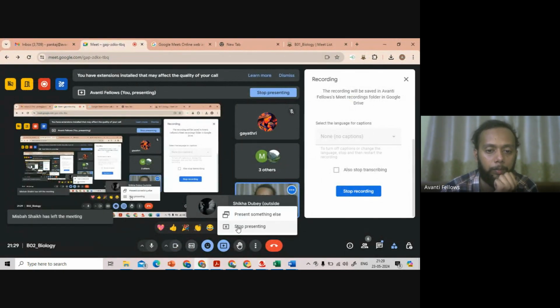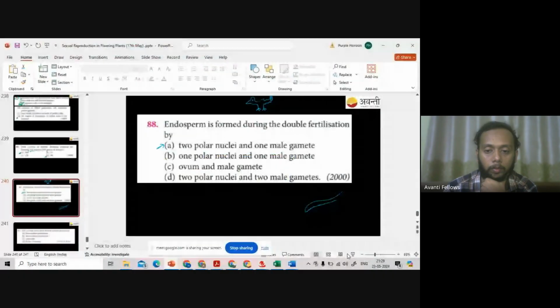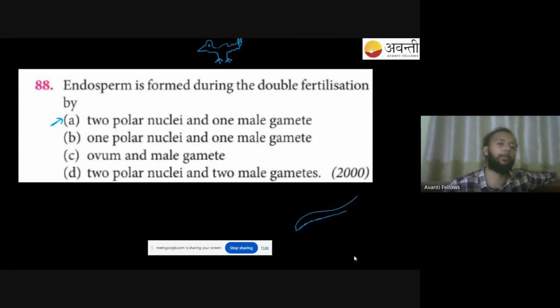Just wait a minute. All right, wait, we share the screen again. Shikha, can you see the screen now? No, sir. Still not visible? Then there should be some network issue on your end. What do you see, everything black? Yes, sir, nothing is visible. Then there must be some network issue on your end. Okay, all right, no problem.